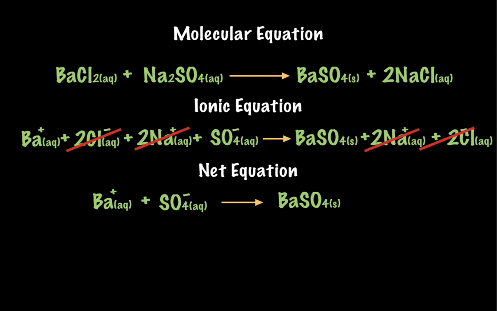And that's my net equation. So I have a molecular equation, then I have a more detailed ionic equation, and then I have my net equation, which gives me all the different species or atoms or compounds that are actually involved in a reaction. All the other ones are not involved in a reaction. Nothing happens when they combine or when they bump into other elements or compounds in their solutions.